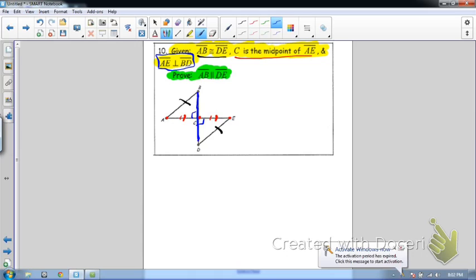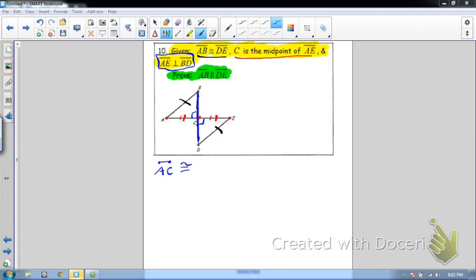You actually have to be able to prove that that is true. So let's break it down into smaller pieces of information, and I'm going to say that we have line segment AC. Okay, remember we talked about that. I'm going to begin with that one because it's very important. That is congruent to CE.